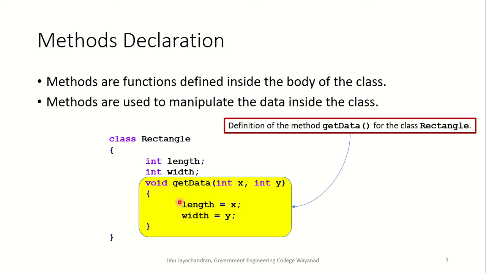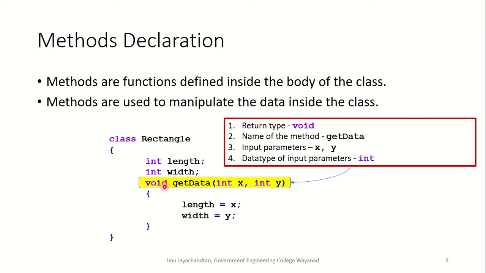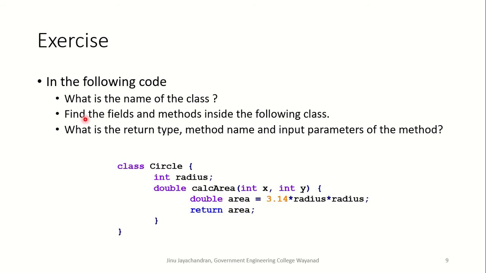The method name is getData. The method is not returning any kind of data, because of which it is void. The method is accepting two input parameters x and y, and both are of data type integer. So here's an example for you. There is a class being defined here, and there is a method and a field or data member being declared.